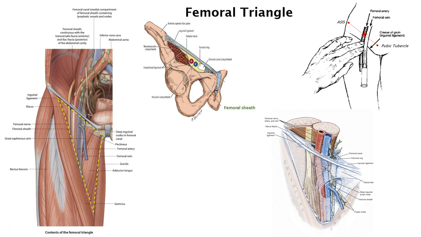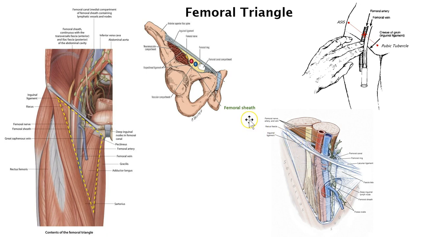Staying on this slide, I'd like to point out two other structures. I already mentioned the femoral ring. Here we can see the femoral ring containing basically nothing, but if we look on this picture over here, we can see that actually the femoral ring contains lymphatics. So the femoral ring is contained within a larger femoral sheath.